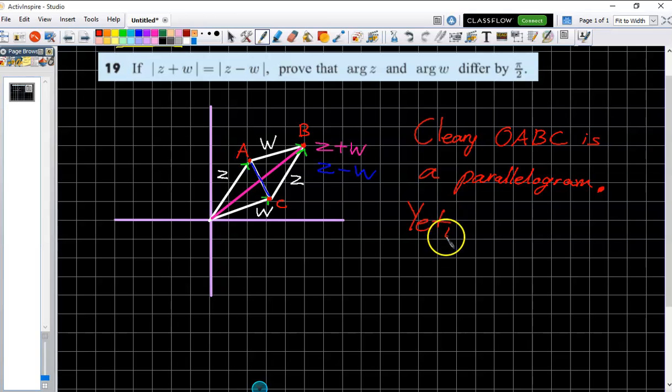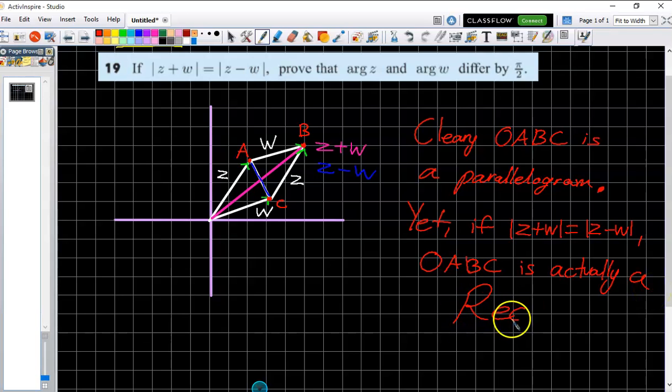Yet, if you think about it, if the modulus of Z plus W equals the modulus of Z minus W, OABC is actually a rectangle.